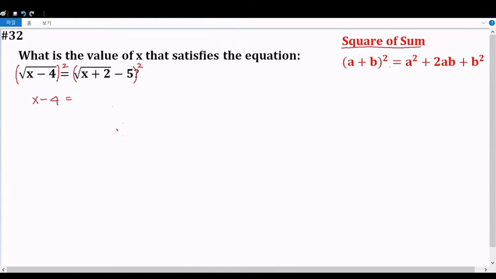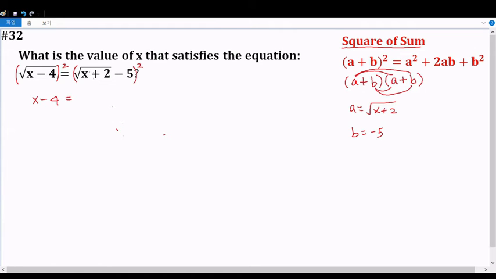If you don't remember the rule, then you can just multiply the (a plus b) twice by distributing. In this case, a is equal to square root of (x plus 2), and b is equal to -5.